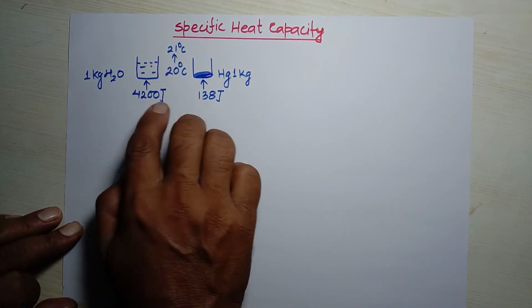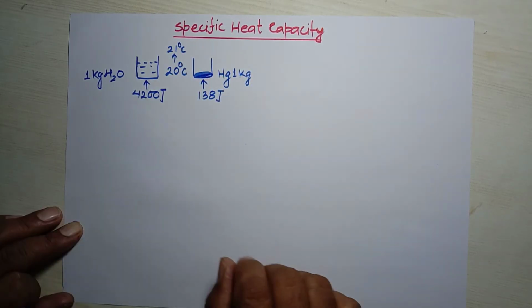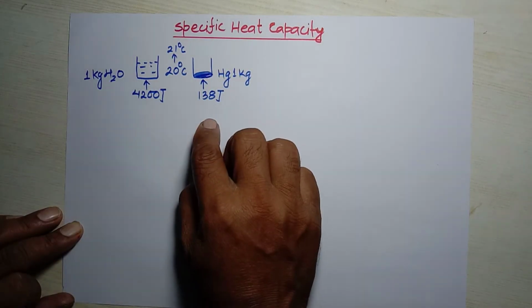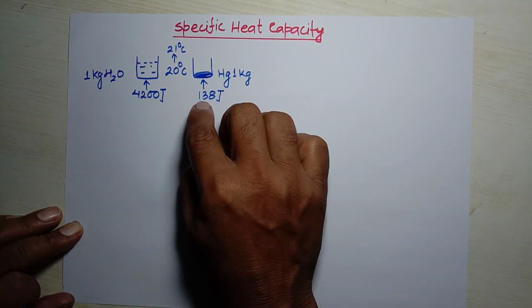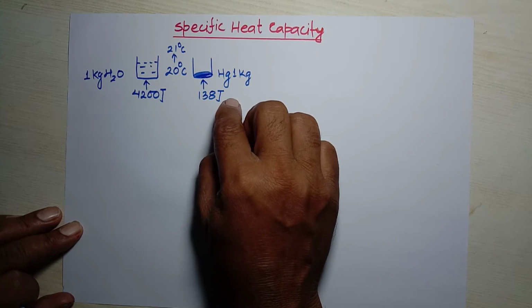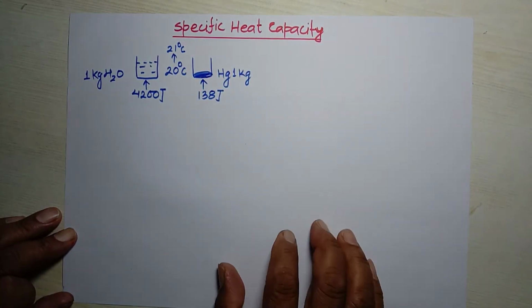Water loses 4200 joule of heat energy and it comes back to 20 degrees Celsius. And in the same way, from 21 degrees Celsius, when mercury loses 138 joule of heat energy, its temperature falls down to 20 degrees Celsius again.